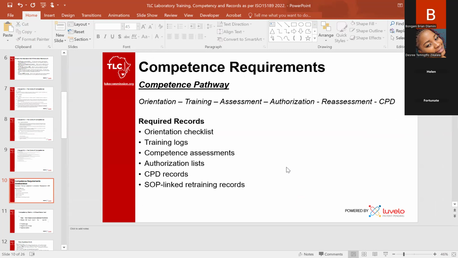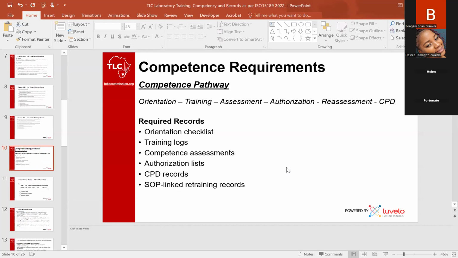We're going to go into a bit more detail because it's not enough to just have an orientation checklist. You must have the time over which the orientation takes place, what you're going to review, and things like that. So in the next session, we'll go through examples. Competence assessments, authorization lists, CPD records, and then you'll also do SOP-linked retraining records.